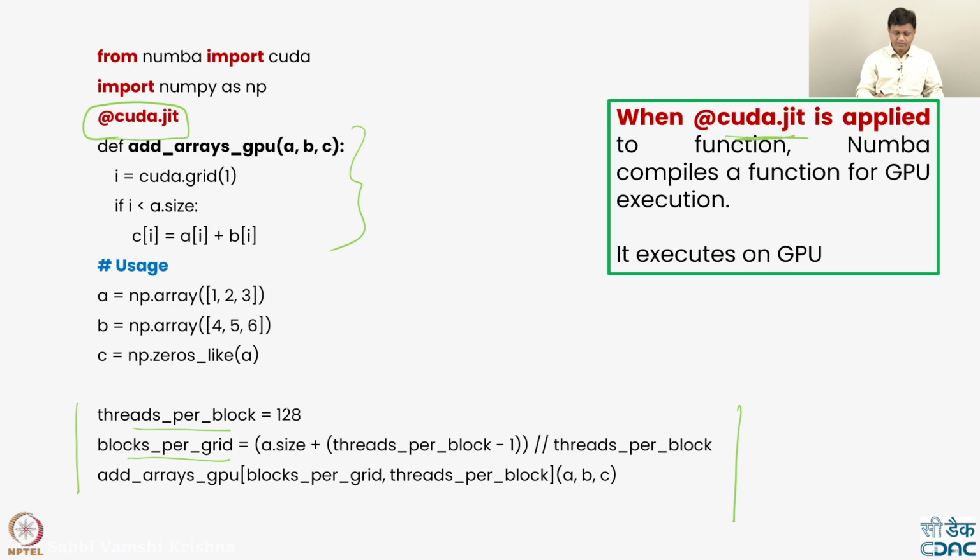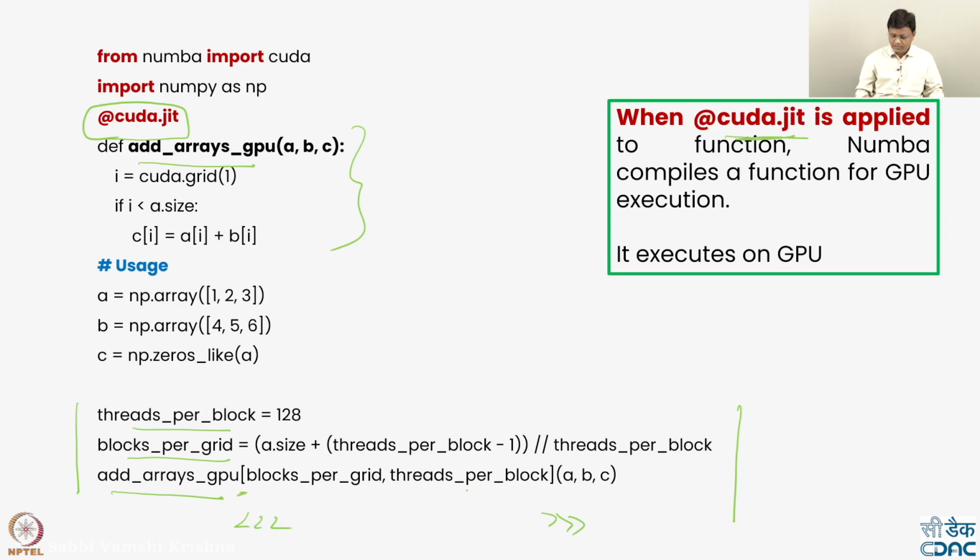After that, these two parameters are to be passed to the kernel function, which we have declared above with the CUDA.JIT decorator. In C programming we were using the triple angle brackets to pass the two parameters, blocks per grid and threads per block.